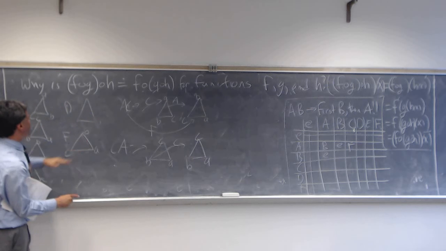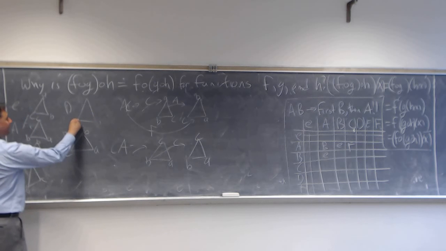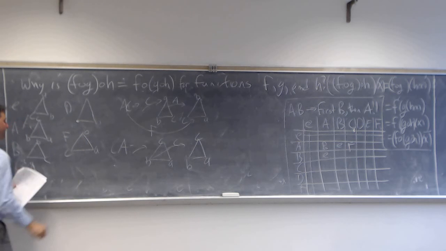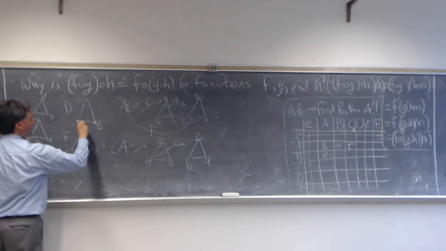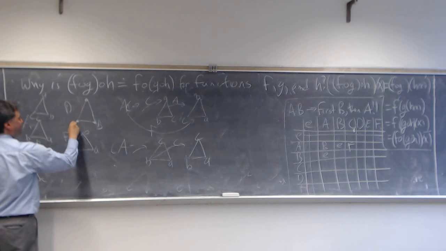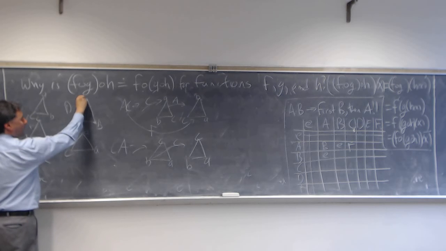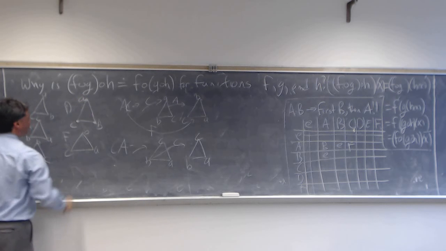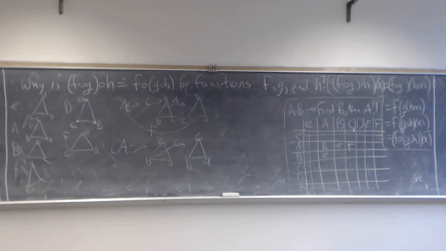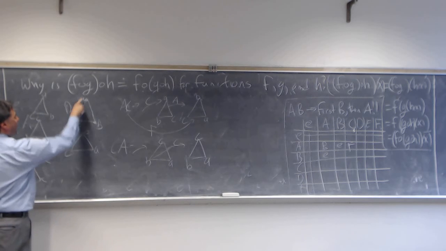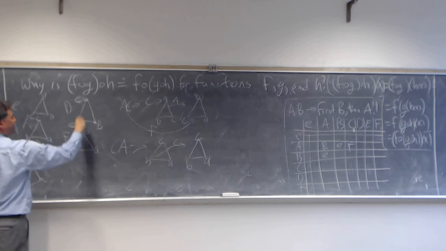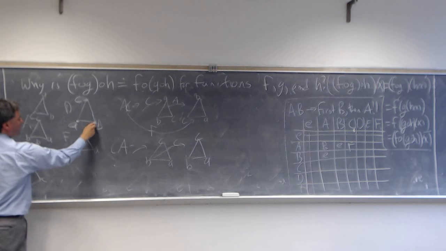Luckily that hasn't come up. D, remember, was the one that fixed this vertex right here, B, and we'll switch these two. So this would be C, A. So that would be D. We'll fix this B, so that would be A here, and C here. So C, B, A.